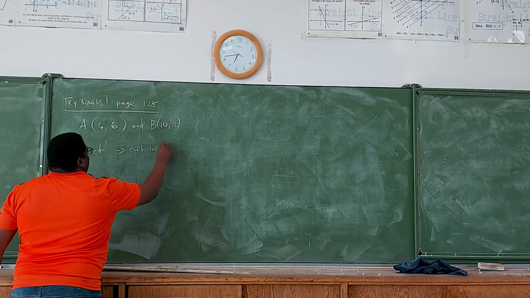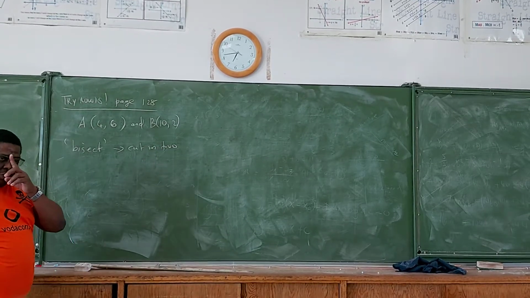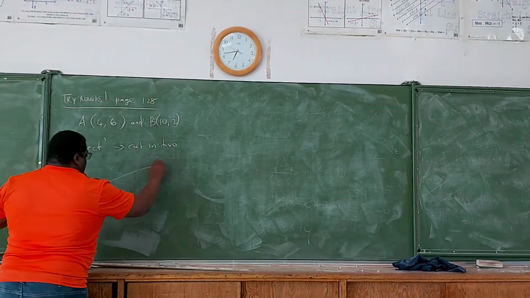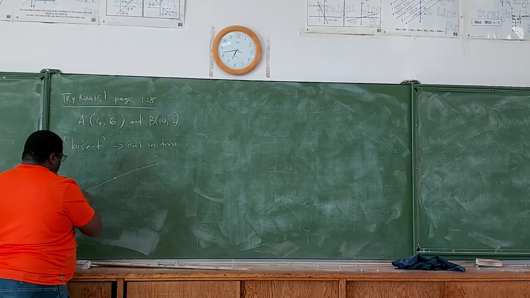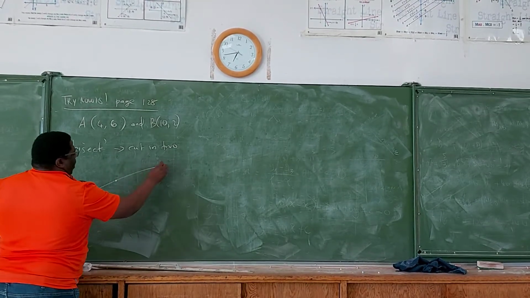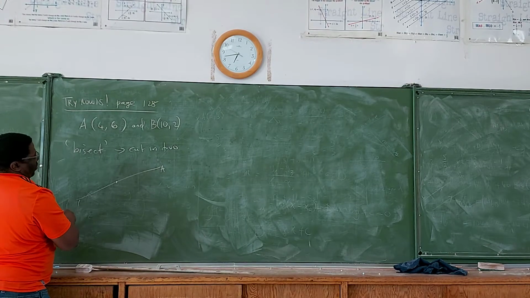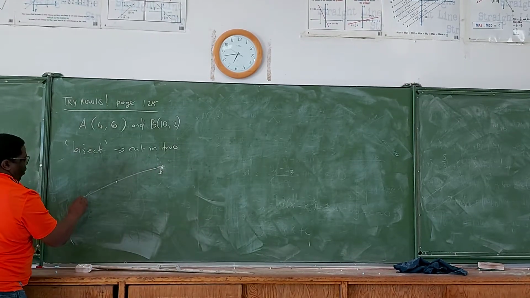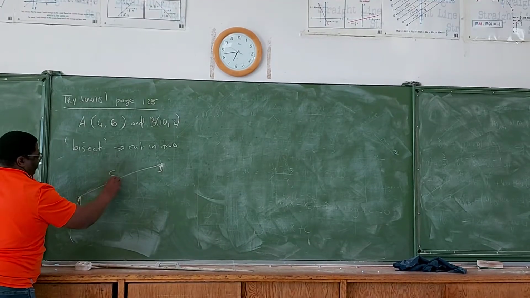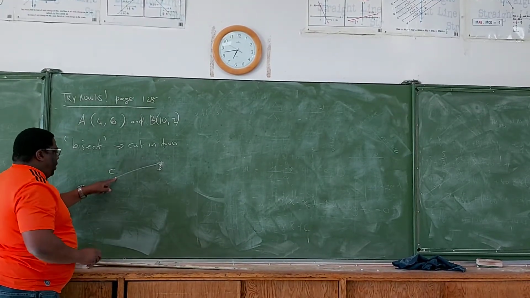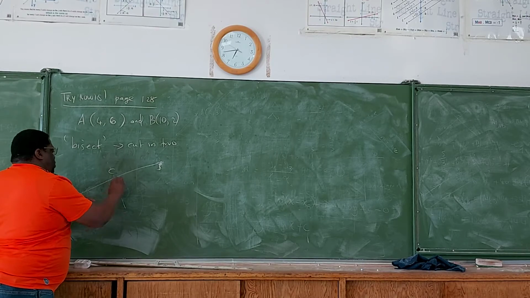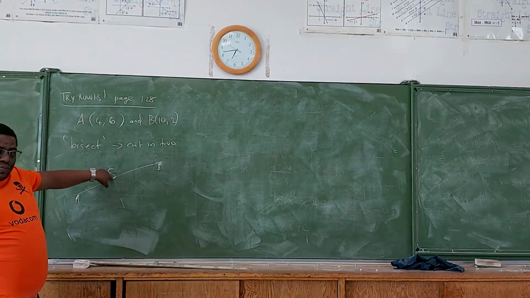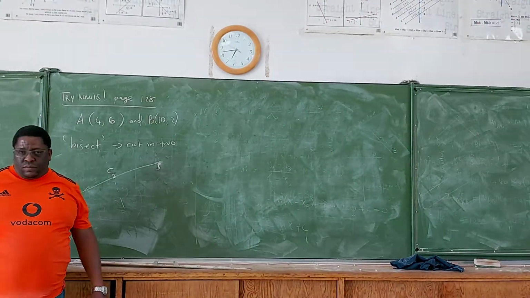So if this line was this way, maybe our A is here and B is, well, 10,2. Let's say our B is here and our A is here. So point C lies here, and there's going to be another line that comes over here to make like so. This point C is the midpoint. You understand that?